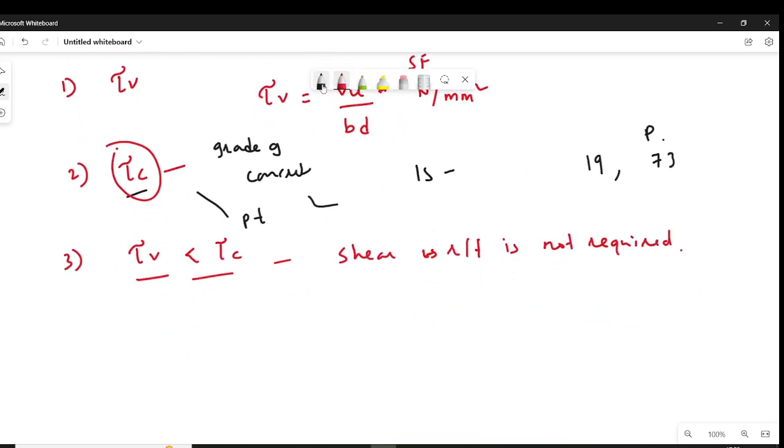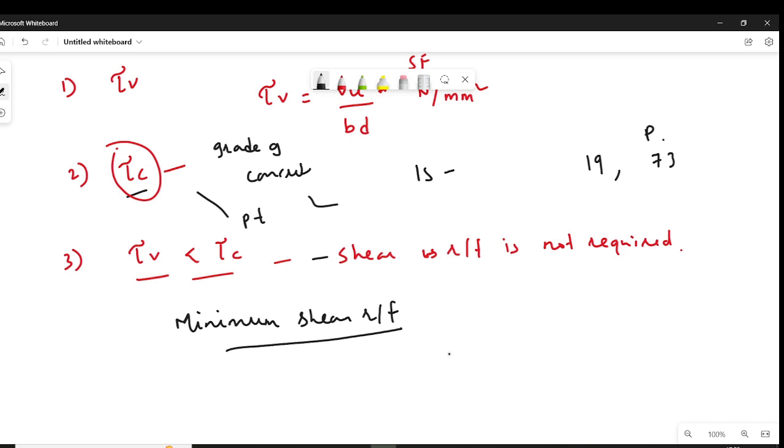If this is the case, then we provide nominal or minimum shear reinforcement. The point is that if tau v is less than tau c, shear reinforcement is not required, because concrete is capable of resisting the shear.